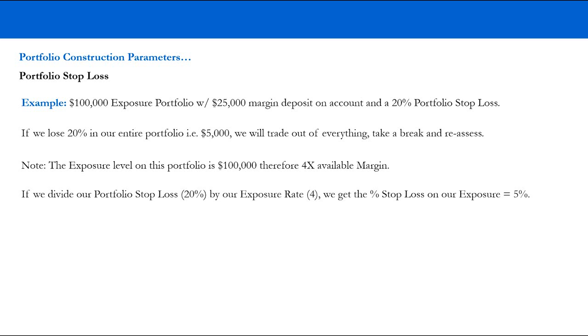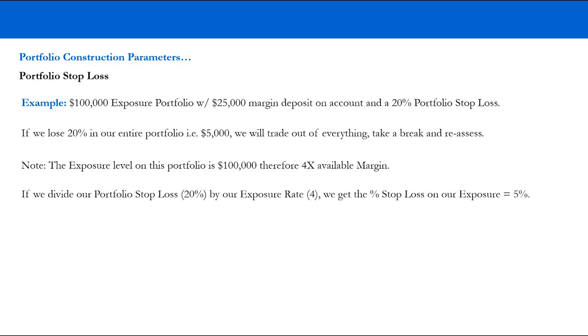We want to protect our own money and protect the money that we're making along the way. So the stop loss should, in a similar way to when you protect your long winning positions and your short winning positions with a stop loss that's either above average price or below average price, take the same approach with a portfolio stop loss and protect the money that you make along the way.